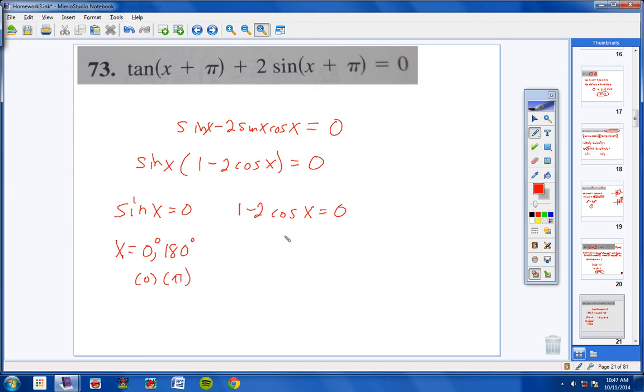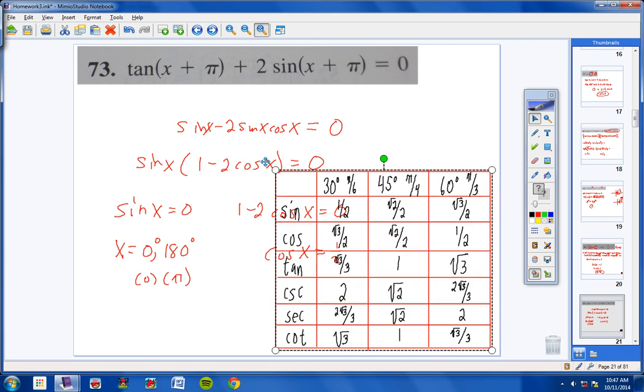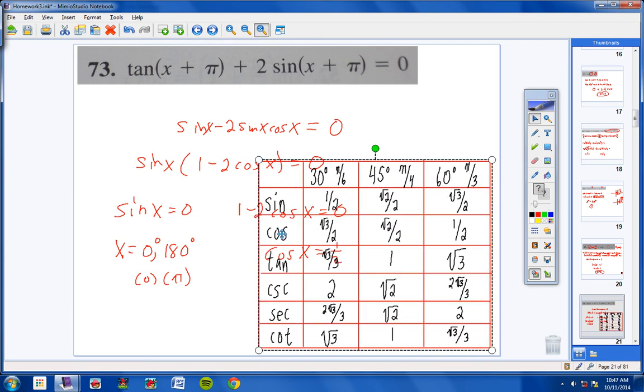Now let's come over here. We would have cosine of x equals, bring your 1 over, make it a -1, then divide by a -2, you get a positive 1/2. So when does cosine give us a positive 1/2? Cosine gives us 1/2 at 60 degrees, okay?